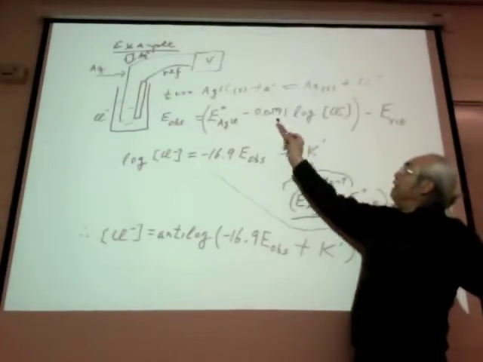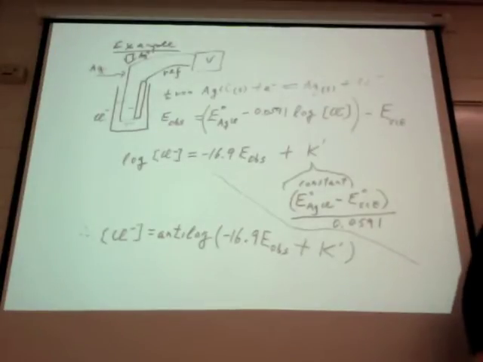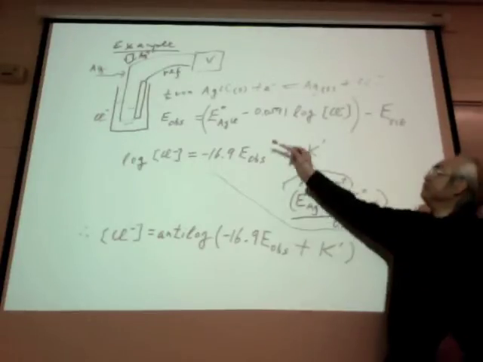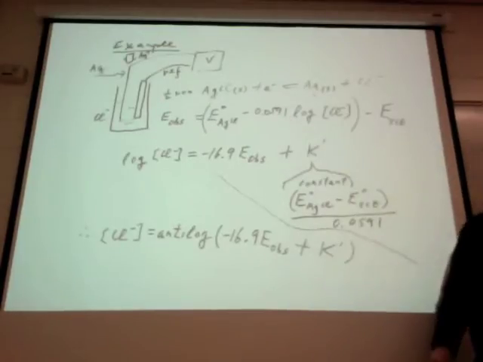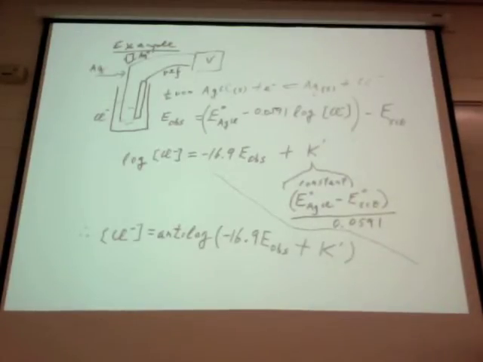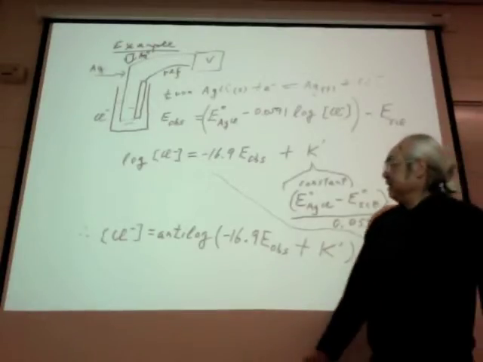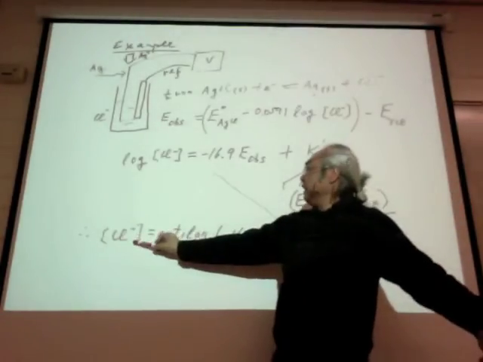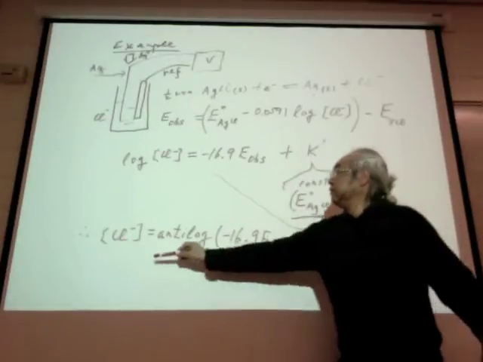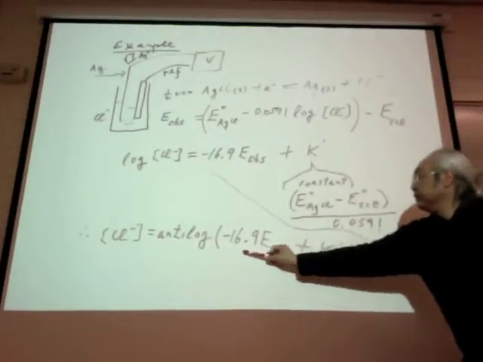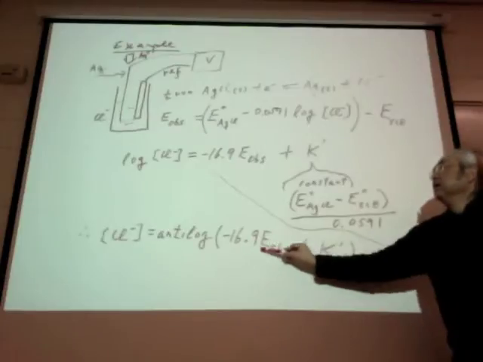Because of this guy, the reciprocal of that. And John, where did you get that 0.059 number from? Funny, very funny. That's good. So now, therefore, the concentration of that is equal to the antilog of this whole deal, right?